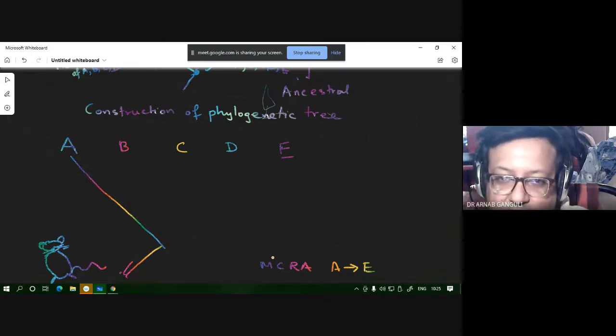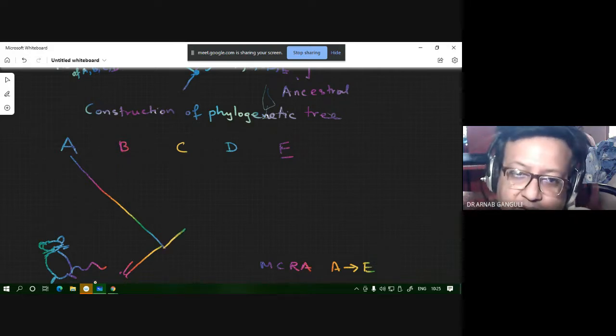This is the most common recent ancestor. Now this rat, the tail was thin. Now they develop a character known as fuzzy tail.